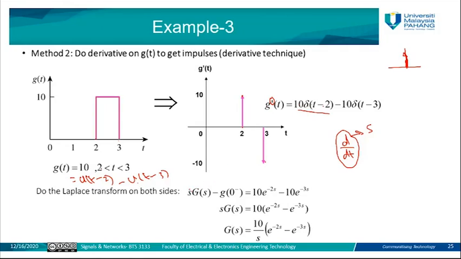So you have s times G(s), because we have d over dt for g(t) here. So g(t) becomes G(s) and d over dt becomes s to the power of 1, when we apply the derivative theorem, minus g(0). Here g(0) represents the initial conditions.